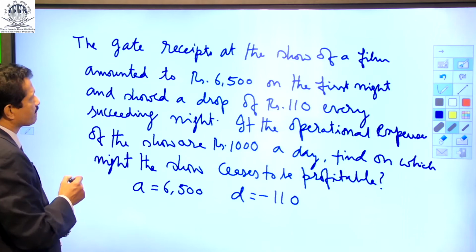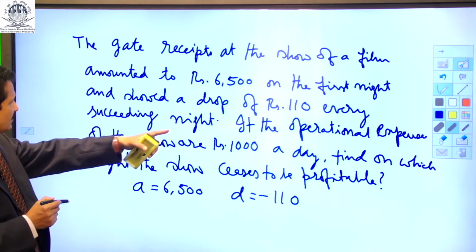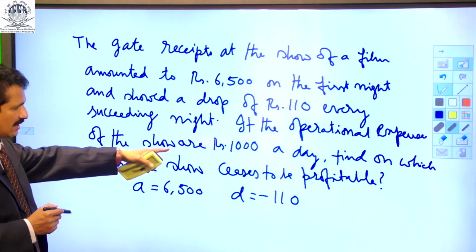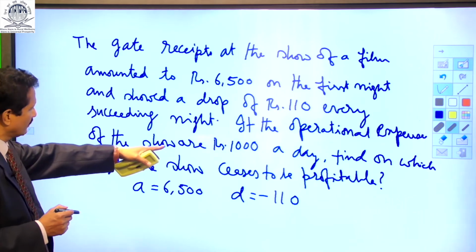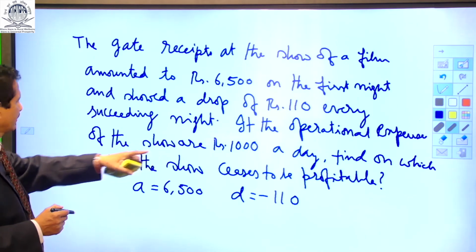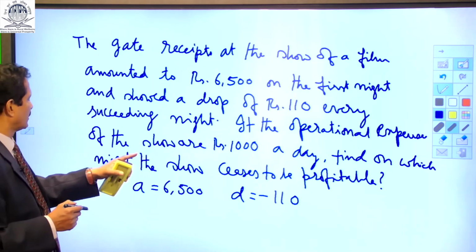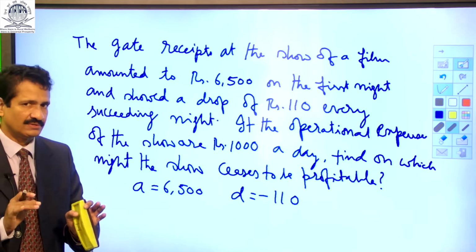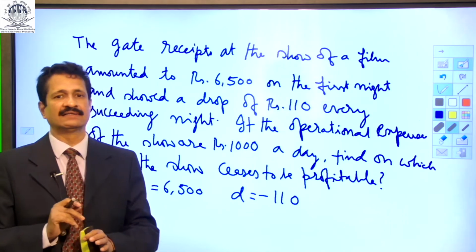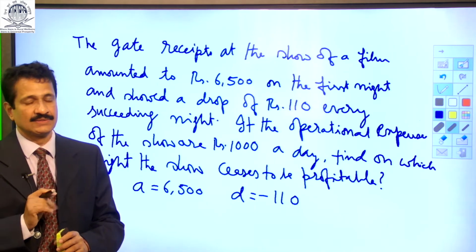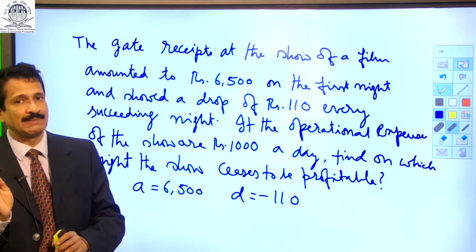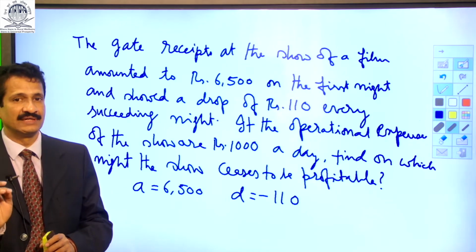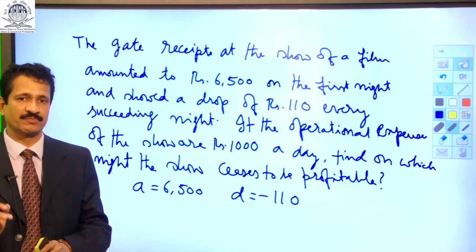Then if the operational expenses of the show are 1,000 a day, find on which night the show ceases to be profitable. It means to run the show the operational expenses are 1,000. So it will not be profitable for me to continue with the show if my collections are less than 1,000 rupees.